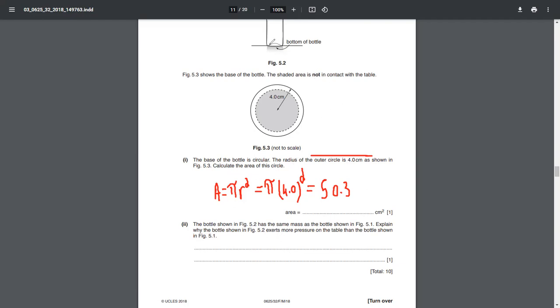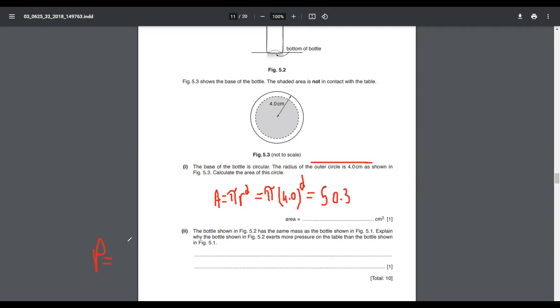So it means that the points in contact with the ground here are fewer. So let's say again that pressure is equal to force over area. Here he's asking why. Why more pressure? Because less area is in contact with the ground, which means that more pressure is exerted on the ground.